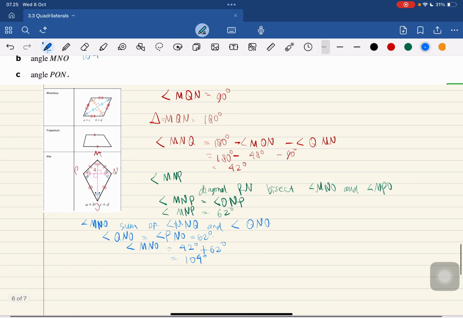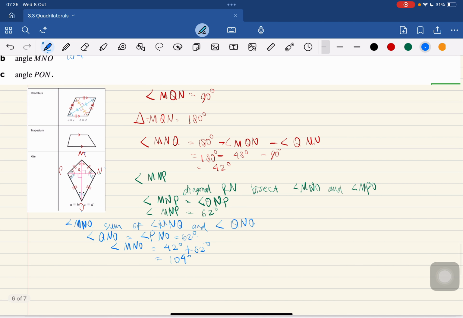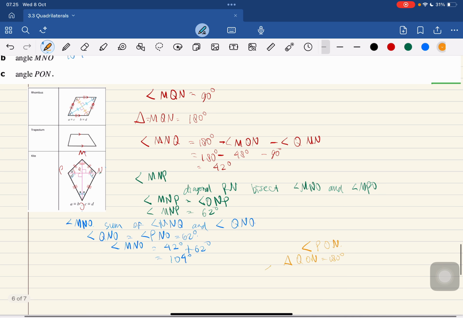And lastly, we have the angle PON. The sum of triangle QON is 180 degrees, so let's find it. QON equals 180 degrees minus angle NQO minus angle QNO.